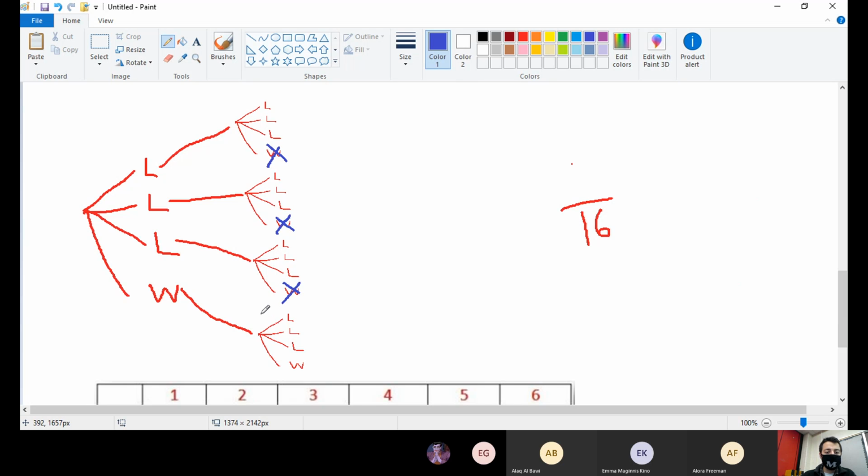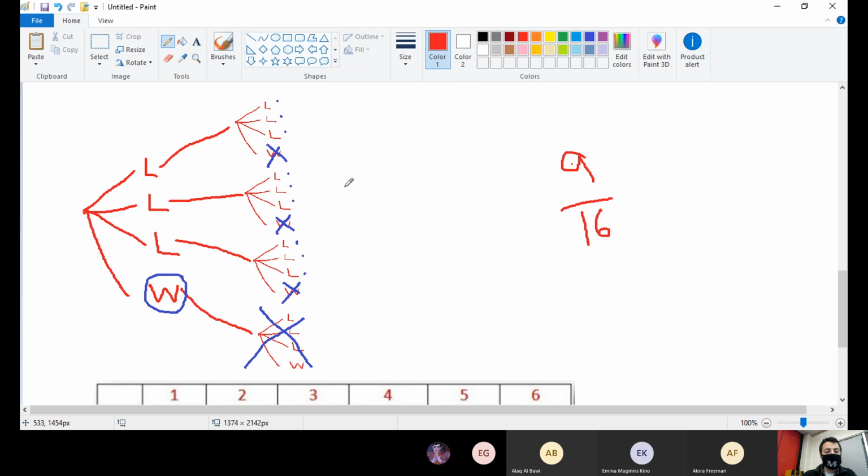We have to cross out all of those outcomes. And then we also have to cross out this entire thing because on this one, we won the first time. All right, but I'm asking, in how many out of these 16 do we lose both times? And so after we've crossed out all of these different possible outcomes where you win at least once, we add up what we have left. We've got 1, 2, 3, 4, 5, 6, 7, 8, 9, or 9 out of 16.